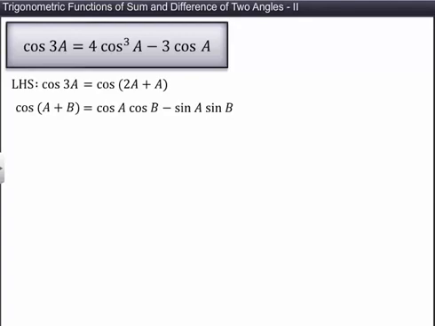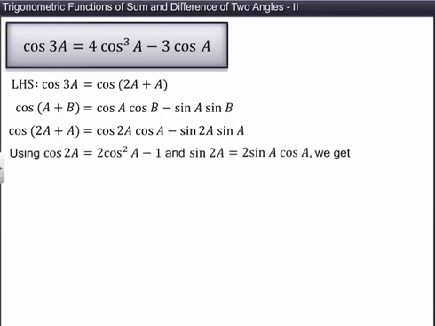Using this, cos of 2a plus a can be written as cos 2a into cos a minus sin 2a into sin a. We know that cos 2a is equal to 2 cos square a minus 1, and sin 2a is equal to 2 sin a into cos a.